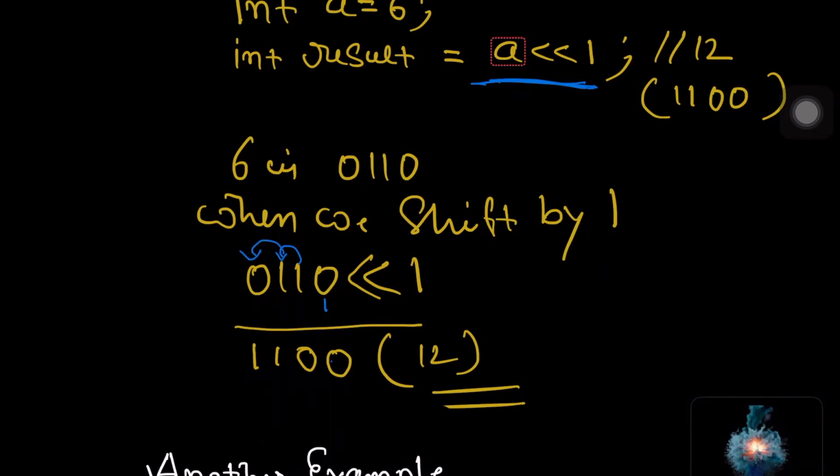Now this becomes 0. From this position it got shifted here, so this becomes 0. And this one also got shifted here because we are shifting by position 1. So now we have 1100. When we convert 1100, it becomes 12.